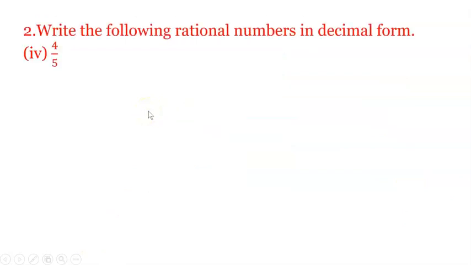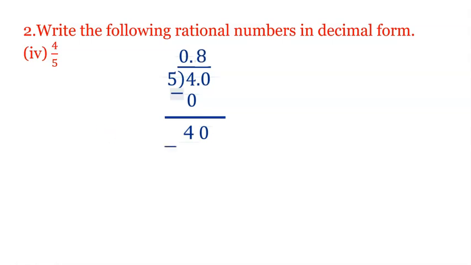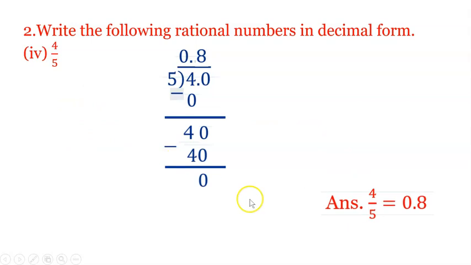Now next example. Write the following rational number again in decimal form. First is the division of 0. 5 into 0 is 0. 4 minus 0, then the decimal point, 40. 5 eights are 40. And hence 40 minus 40, the remainder is 0. Therefore 4 by 5 equals 0.8.